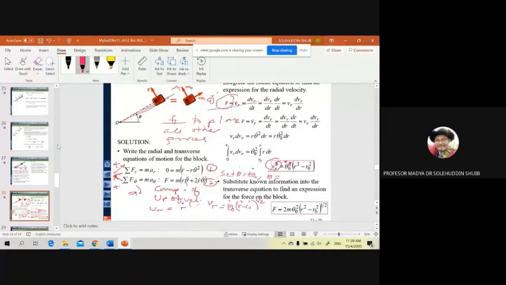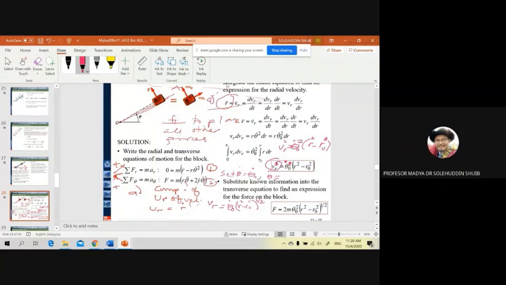So V_r square equals theta dot square times (r square minus r0 square).